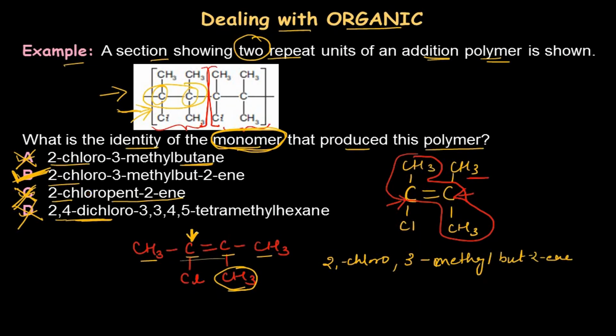Now again confirm this with the structure, with the name, and what is the question is identity of monomer. Again, to make a monomer, we need to make the structure of the monomer as we have done here from the polymer chain, and then find out the name and then look for the correct option. So if we confirm everything again, yes, our option is B.